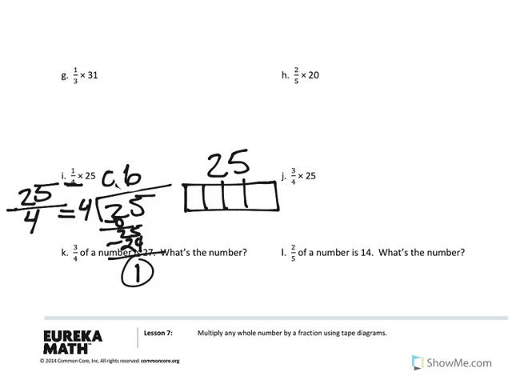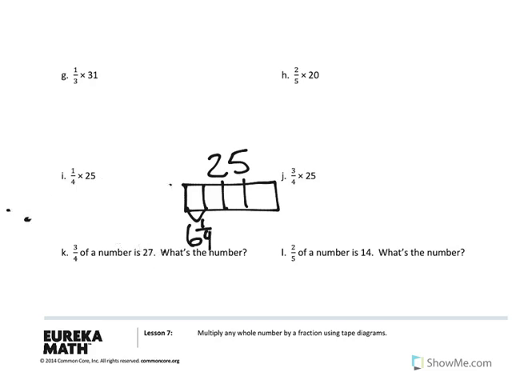So I have 6, remainder of 1, so that's my numerator. My denominator is 4. Therefore, one of these is 6 and 1/4. So 1/4 times 25 equals 6 and 1/4.